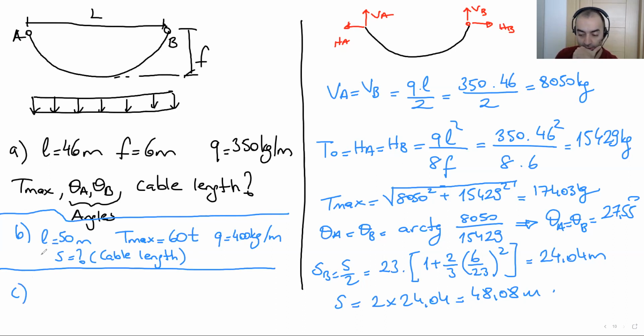Here it is: if S is 60 meters, okay, L is this, right? L is 10, Tmax is for 6 tons.